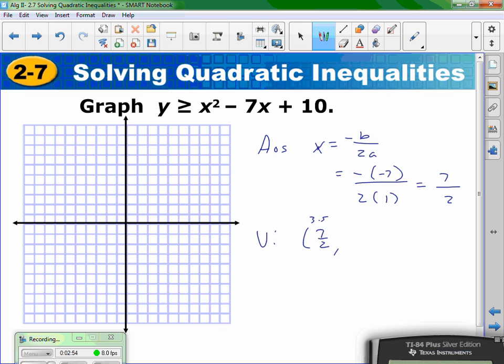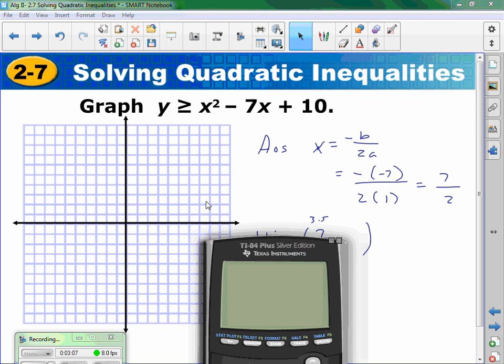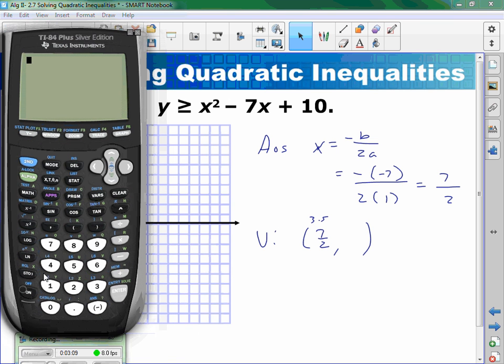What do I do to find that extra point in the vertex? Anyone remember? Put it into the equation. I'm just going to take 7 halves and store it in for x.